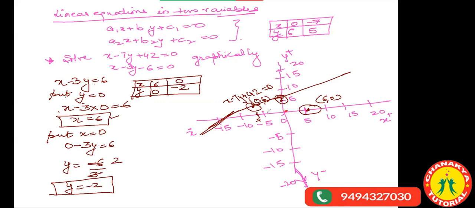So x is 0 and on y, minus 2. So minus 2 will lie here, beta. This will be minus 2. So this point will be 0, comma, minus 2. Now just join these points like this.